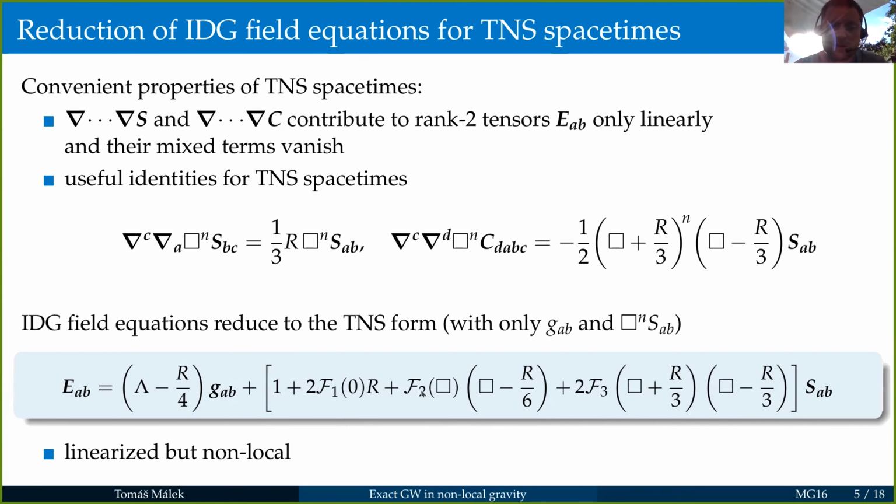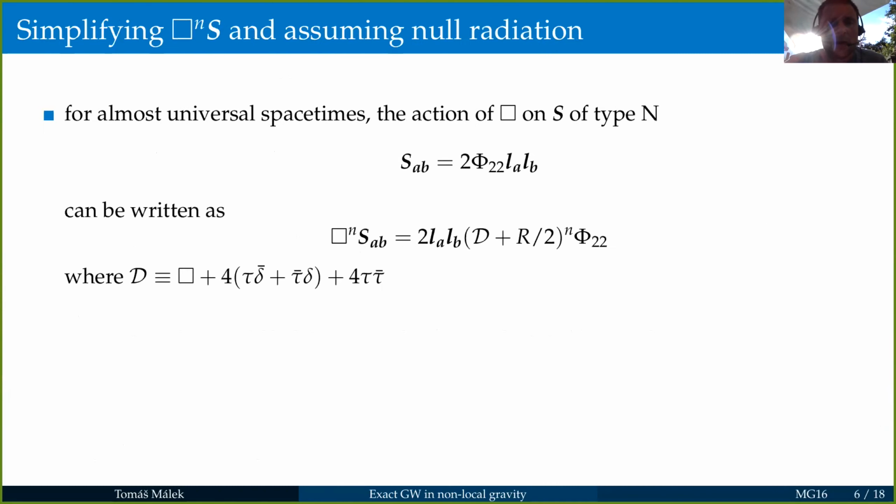We still have the form factors here, and we can reduce the field equations further because for almost universal spacetimes, the trace-free Ricci tensor is of type N. So it has only this one component. This is standard notation from the Newman-Penrose formalism. And the D'Alembert operator on S can be rewritten in this form. So for almost universal spacetimes, the null vector L factors out, and we introduce the operator D here.